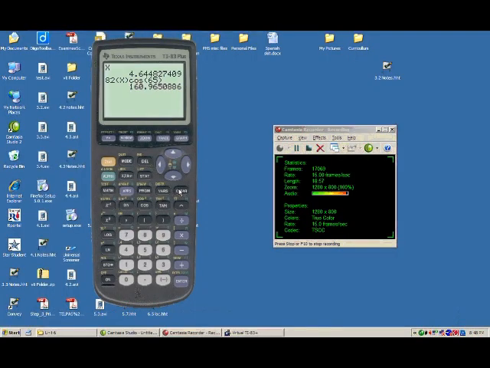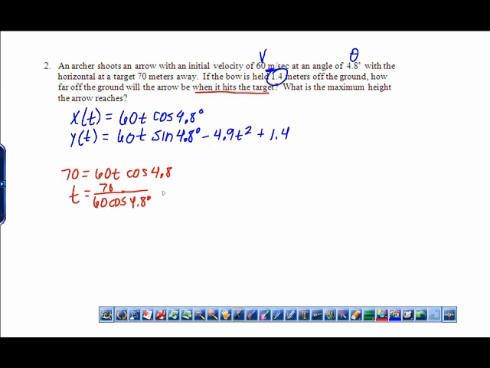Okay, so let's, in our calculator, do 70 divided by, I need to use parentheses here, cosine 4.8. All right, and I have 1.171. And keep in mind, this is also a rounded number, so if I use it, I don't want to just plug in 1.171. I want to get exact.